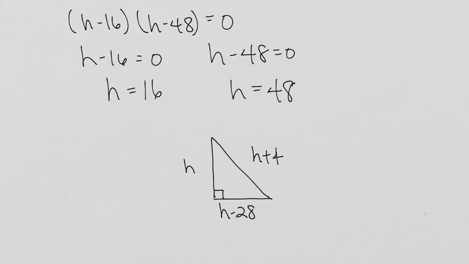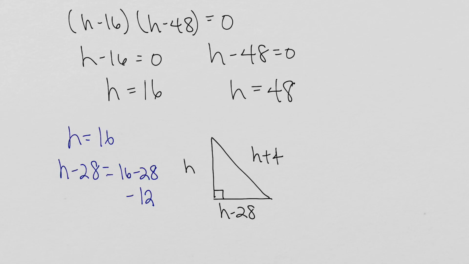So if I know that my h is 16, if I look at those dimensions, h is equal to 16. h minus 28 is going to equal 16 minus 28, which isn't looking good because this is going to give me a negative number, negative 12.